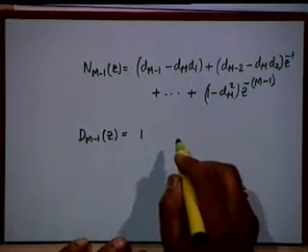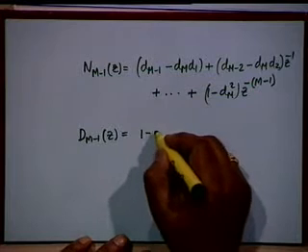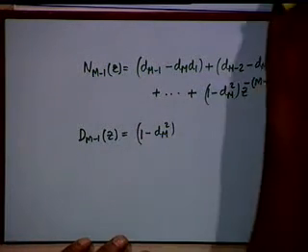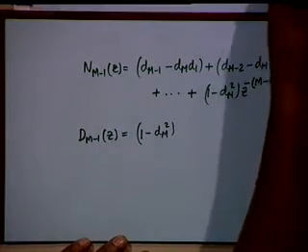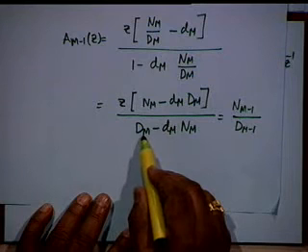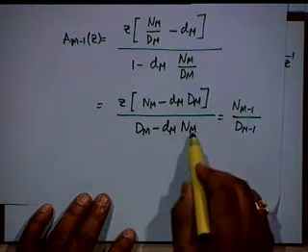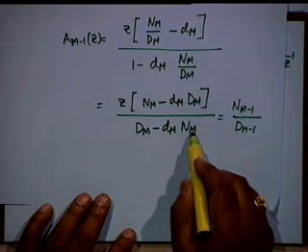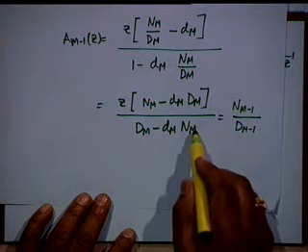Now, the constant term would be 1 minus dm squared, okay? Because what do I get here? The constant term here is 1, and the constant term here is dm. So, dm multiplied by the coefficient of z to the minus m.